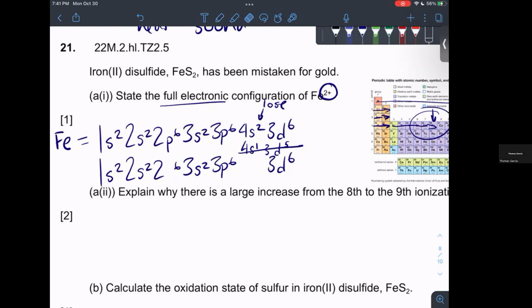I'm going to lose that, and we're just going to have this. And that is our Fe2+. Again, because those 4s are actually going to be higher energy than 3d when we look at it.